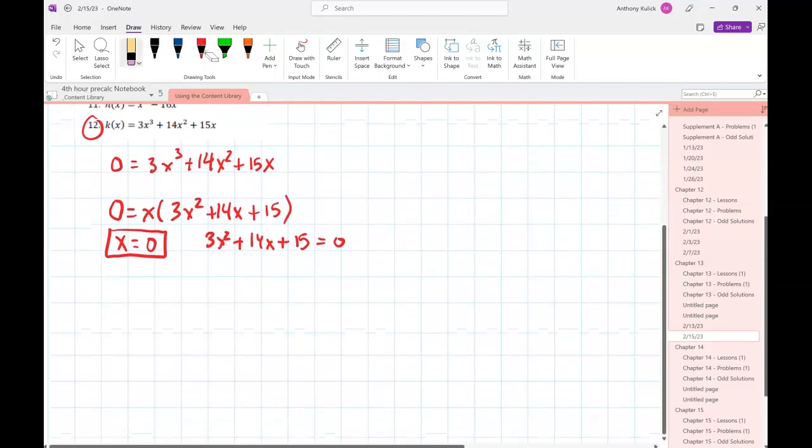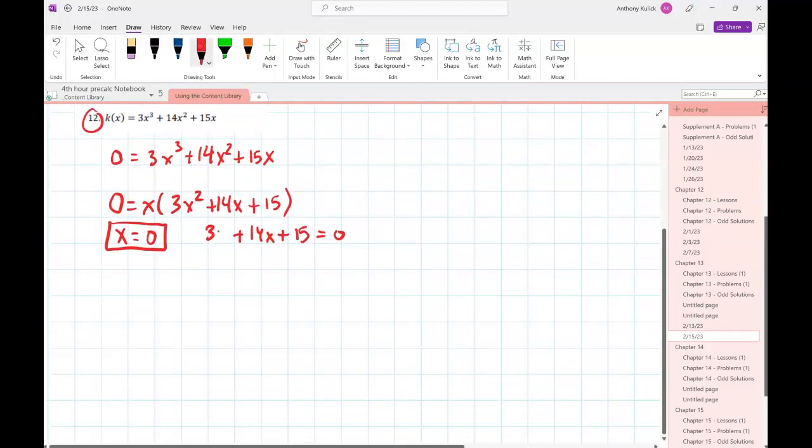But the other piece that we have is this quadratic. How do I solve a quadratic that looks like that? Anybody?